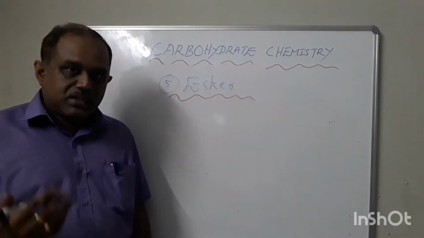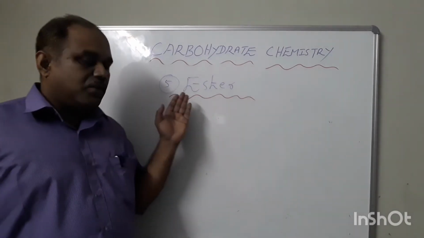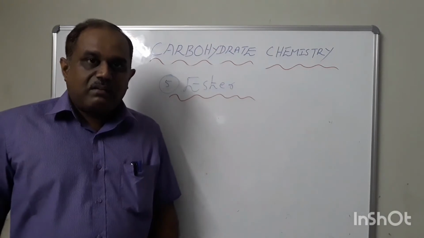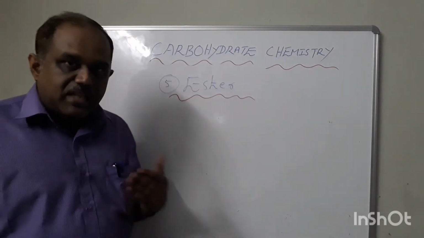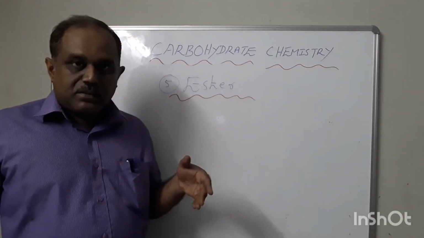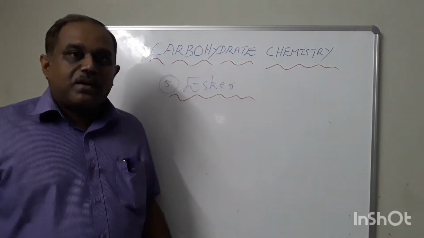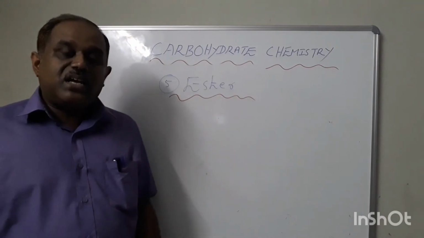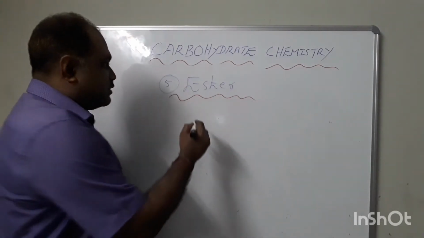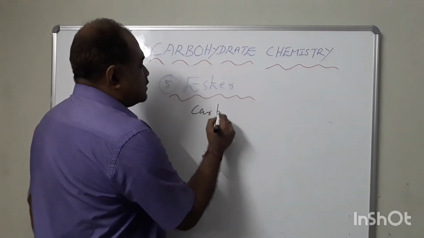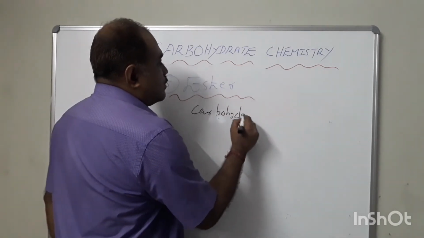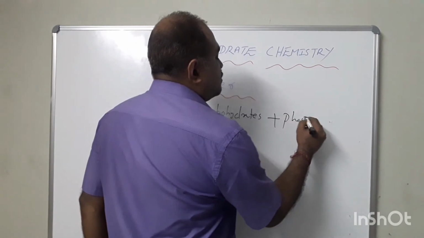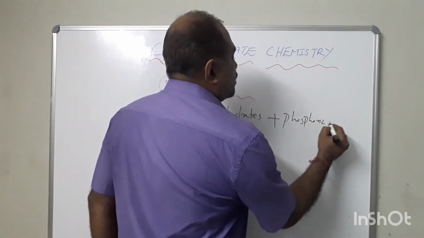Coming to the next chemical property, that is formation of esters. So what is an ester? When an alcohol combines with an acid, we will get an ester. Esterification of carbohydrate can take place enzymatically as well as non-enzymatically. Generally, carbohydrates combine with phosphoric acid in metabolism.